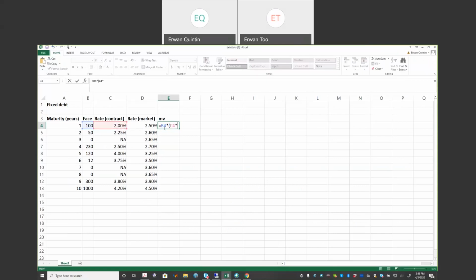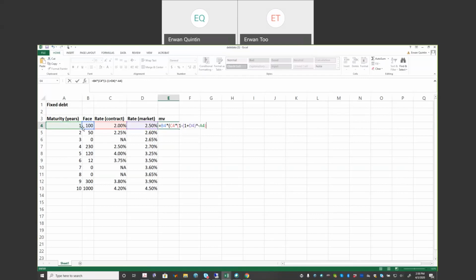And then I'm going to multiply it by open parenthesis 1 minus, so instead of writing 1 over 1 plus R prime power T, I'm going to write 1 plus the market rate, R prime, raised to power minus maturity. So what I've written here is 1 over 1 plus R prime power T, but I've just used the standard algebraic rule of turning that into a negative exponent.